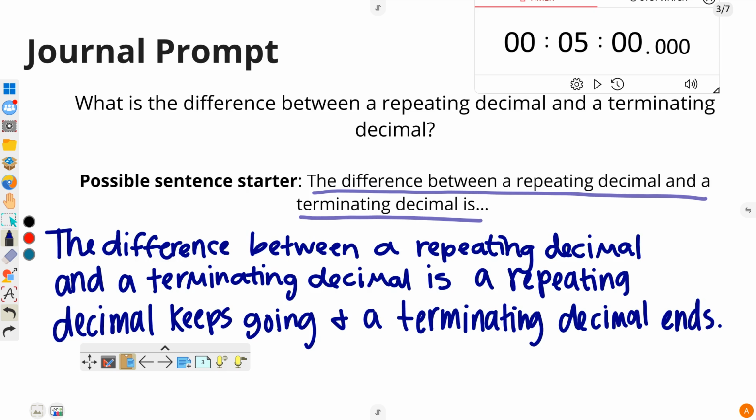There are multiple ways to word that, right? A repeating decimal goes on infinitely. A terminating decimal terminates.